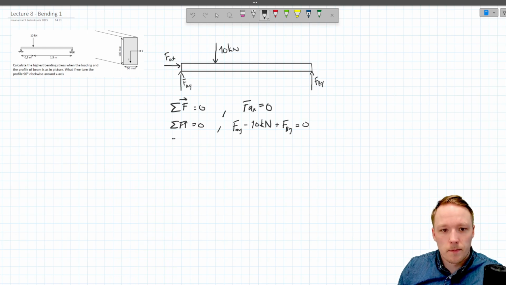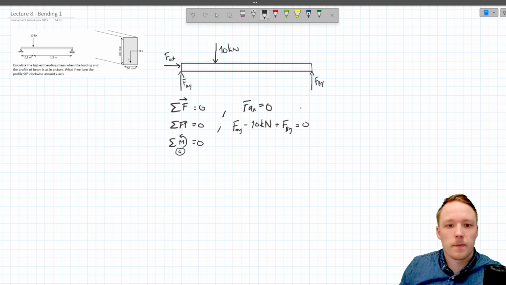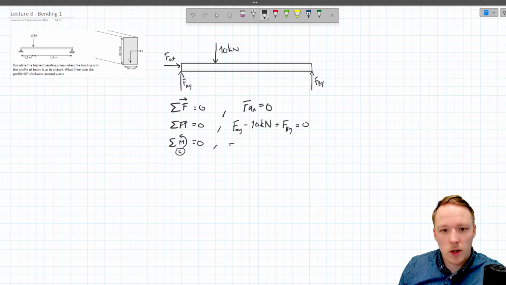And finally, the third equilibrium equation is the sum of all moments has to be 0. I will be calculating this around the point A. So we have to a negative direction we have 0.